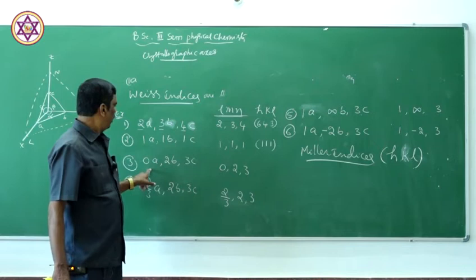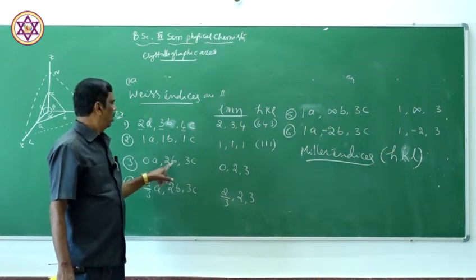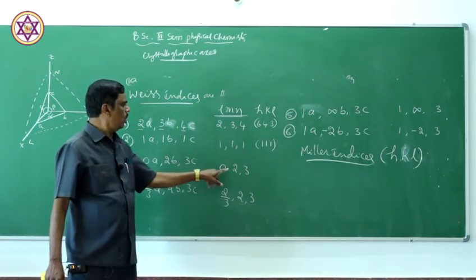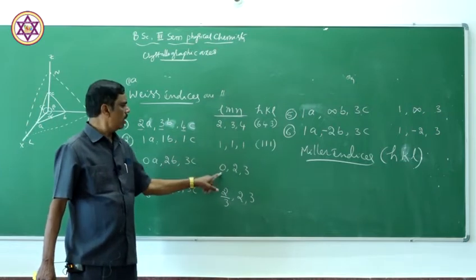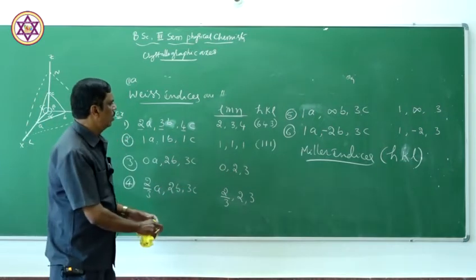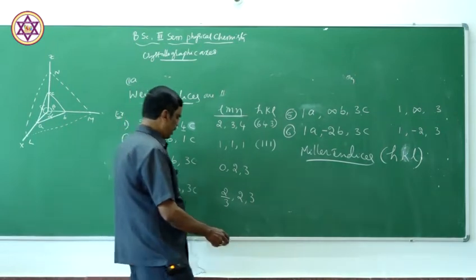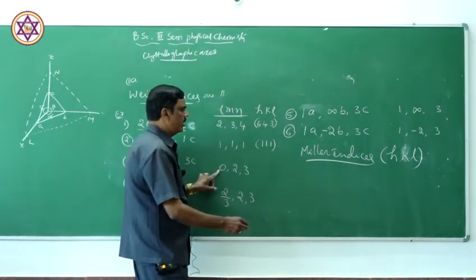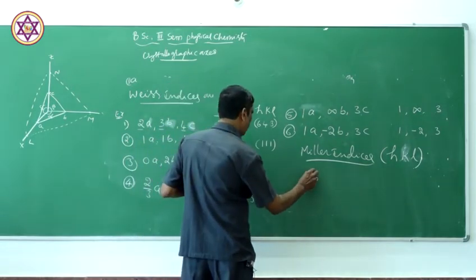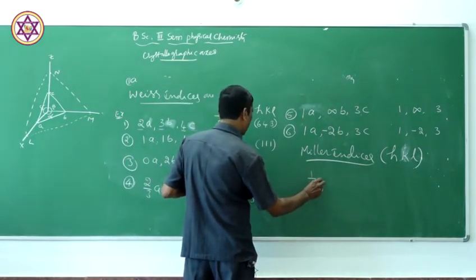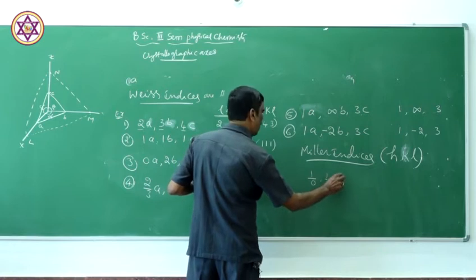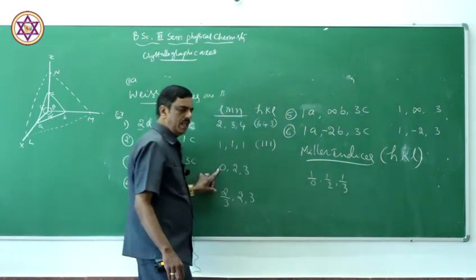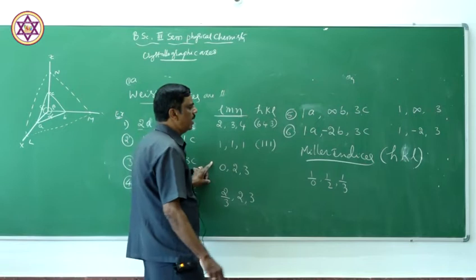Now, here we have 0 here. So, which indices? 0, 2, 3. How to convert this into Miller indices? You take the reciprocal of 0. Reciprocal of 0 is 0, 1 by 0, 1 by 2 and 1 by 3. You multiply that with a whole number.